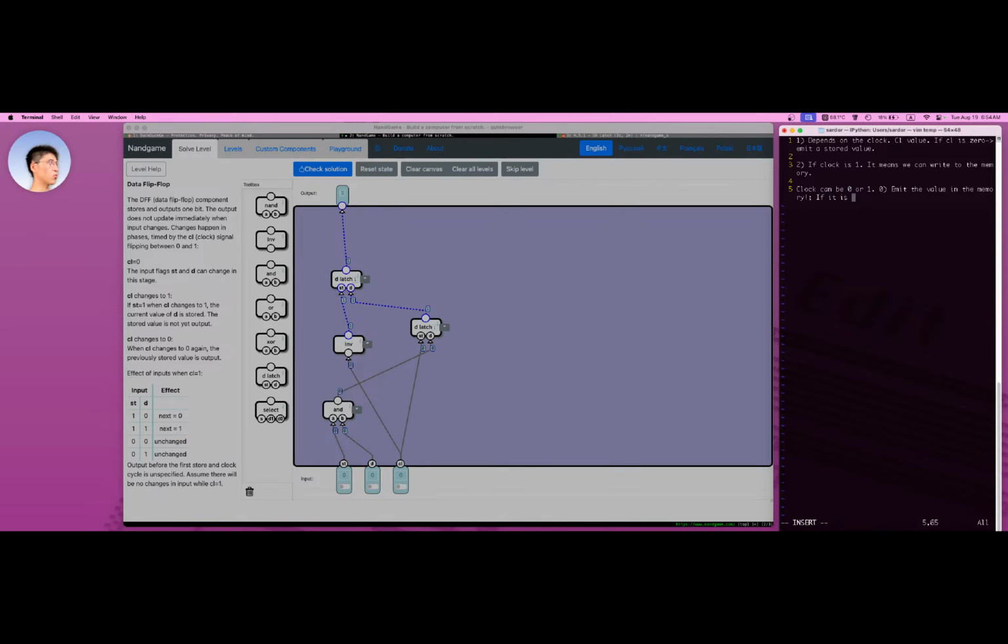If it is 1, no emission, but store the value, okay? Based on the STND. I think our problem is here, no emission, okay? We should emit the previous thing.